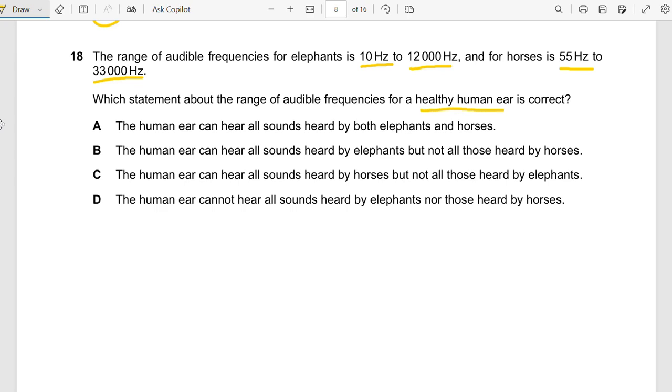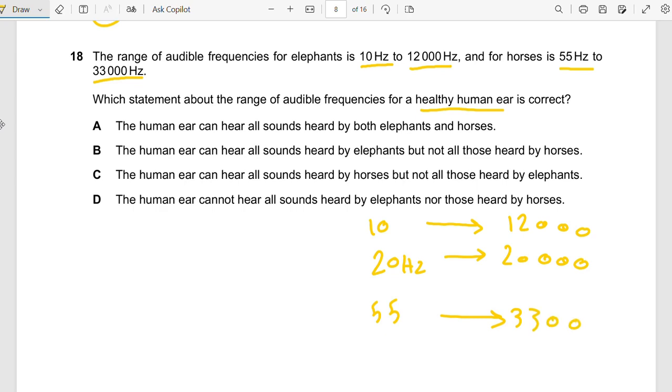Let's remember, for a healthy human, it is from 20 Hertz until 20,000, right? So let's compare. For the elephant, it is from 10 until 12,000. For a horse, they say it is from 55 till 33,000. Right, so let's read the options.